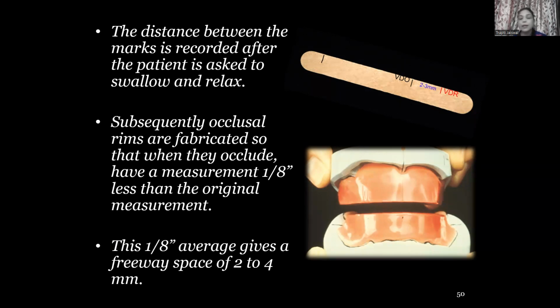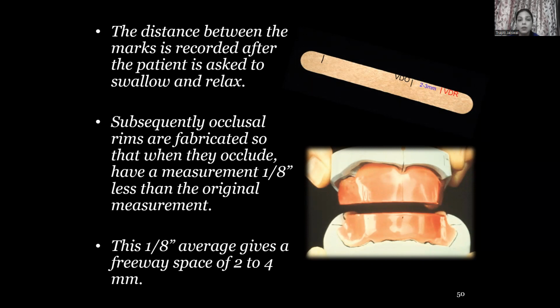What is the main concept of Niswonger's method? In this also we are taking the facial measurements, and we will mark the points on the tip of the nose and the most prominent point of the chin, because they are stable landmarks and they will not change with the change of the facial profile. Whether the patient is in a relaxed position or in a contracted position, these positions will not change.